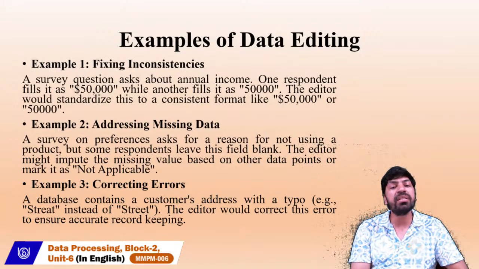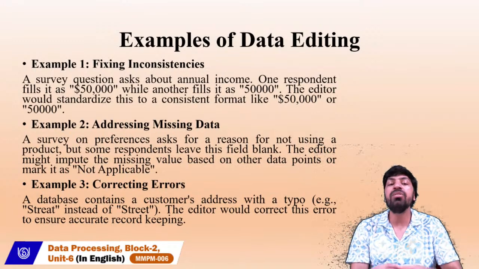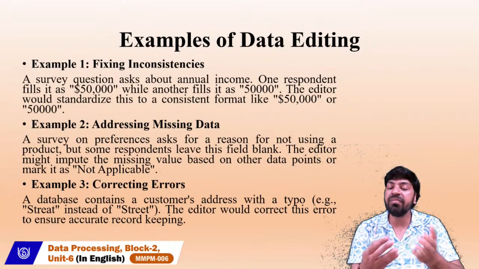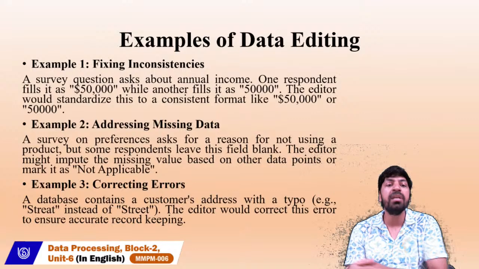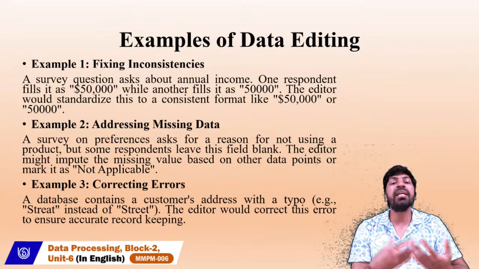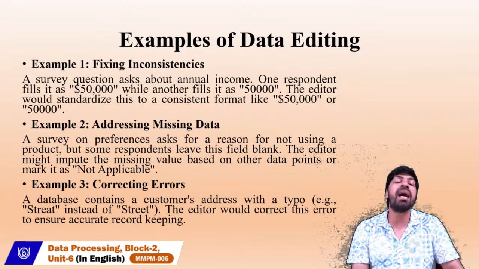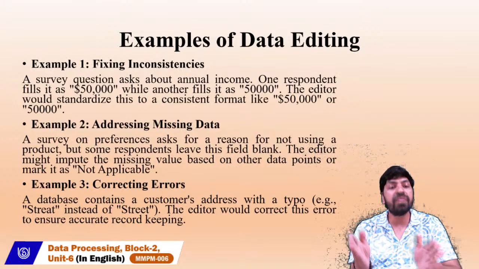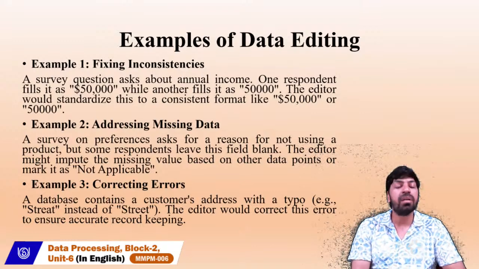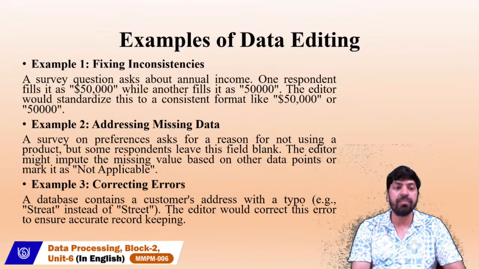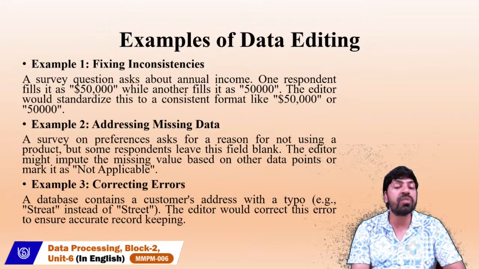Next one is addressing missing data. In a particular statement, if any data is missing, the researcher can easily identify it before it goes for analysis, coding, or the tabulation process. The researcher can mark it or enter the column as not applicable, so that the missing frequency can easily be identified. For example, a survey on consumer preferences asks for the reason for not using the product.